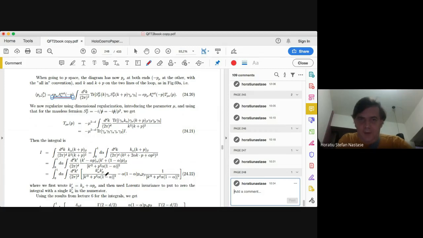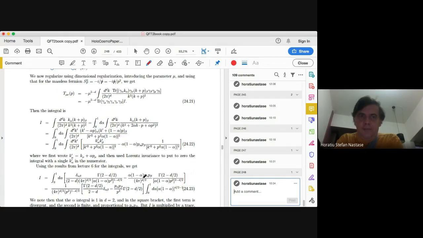So now I can divide this into two integrals, one that has indices, so has k prime alpha, k prime beta, and one doesn't, because the indices go on the momentum. So this is minus alpha (1 minus alpha) p alpha p beta.